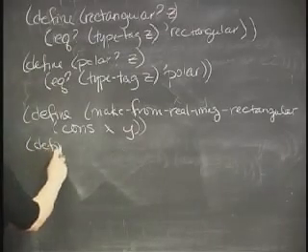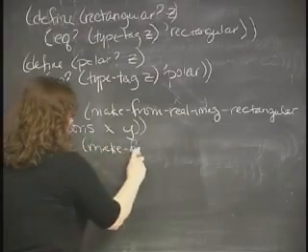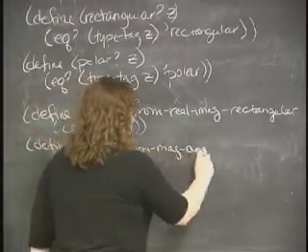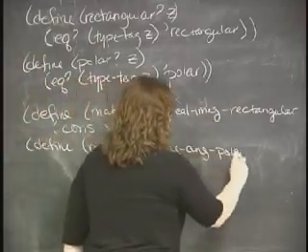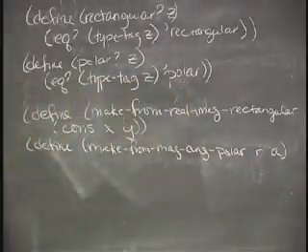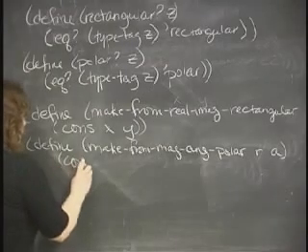Similarly, we could define make-from-mag-angle-polar. Just going to take an r and an A. Okay, so if we're making a magnitude and angle into a polar, that's our simpler case, right? Because we've already got the magnitude and the angle, so we can cons them together.